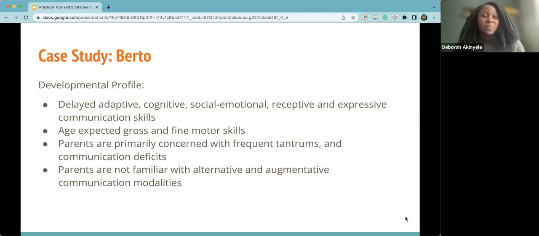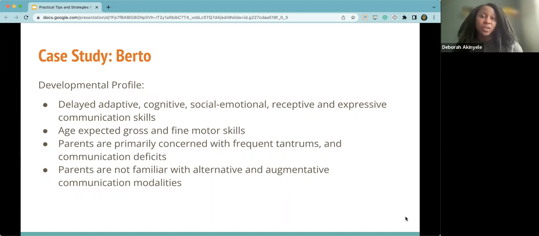And so what this means is that there are things that he might not be as independent with, and that's a really important factor to take into the AAC assessment, to be able to identify, well, if he has a level of understanding that allows him to associate pushing a button on a device with getting a particular response from a parent or caregiver, then there's going to be a set of tools and devices that we would be able to present to him, and also that he might need more opportunities for the same word or the same set of words to be presented in order for him to really make the connection.